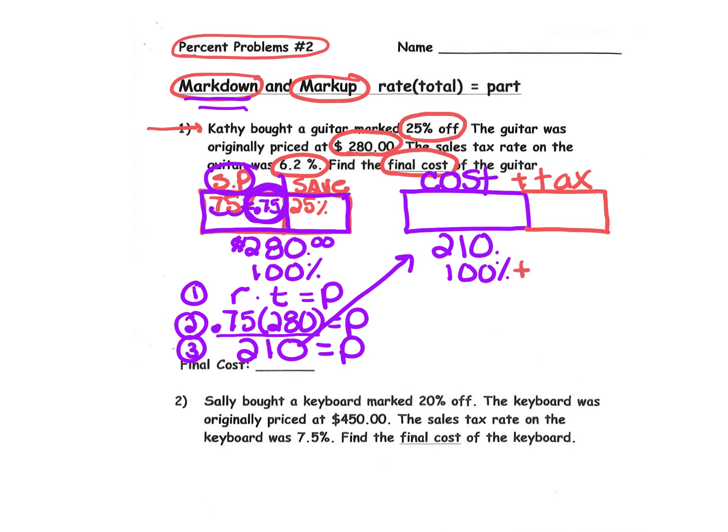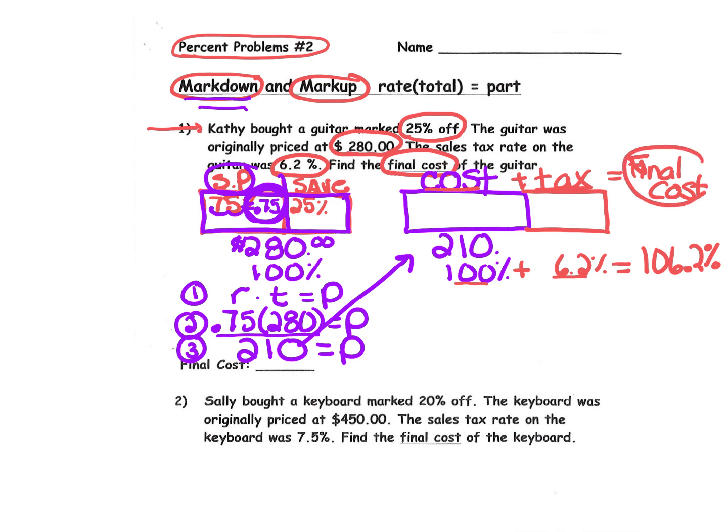Our tax is 6.2%. So 100% plus 6.2 equals a final rate of 106.2%. Of course, that's the cost plus the tax rate. That is the rate we use for the final cost.